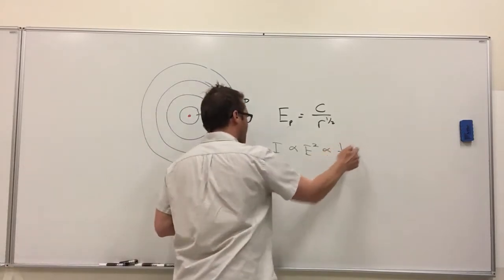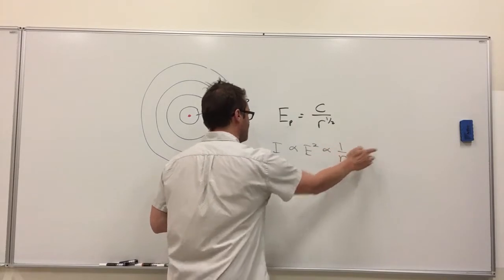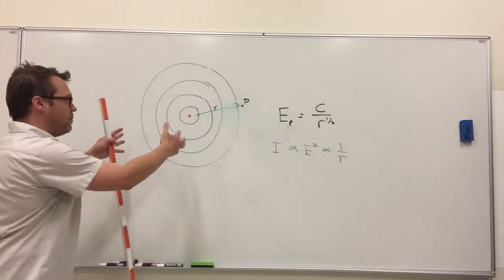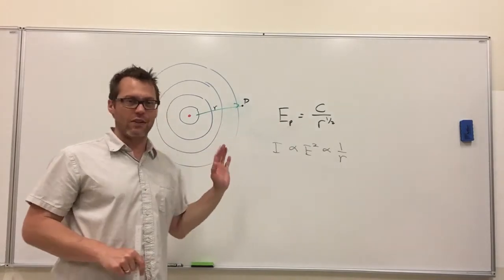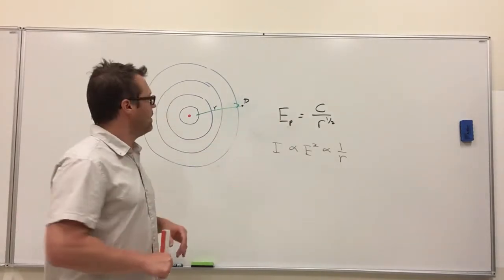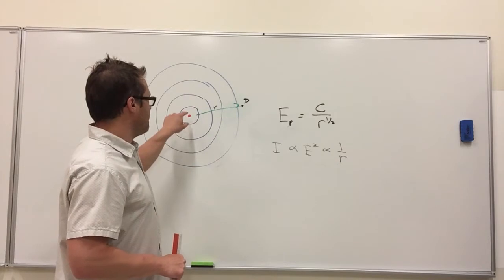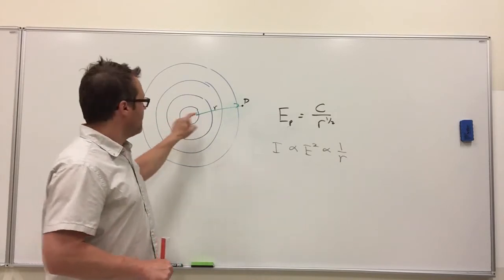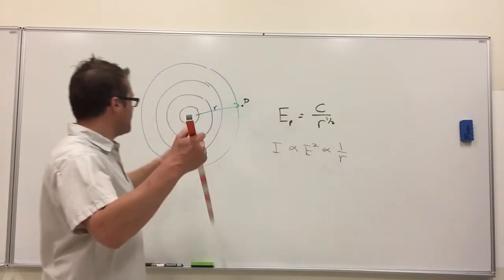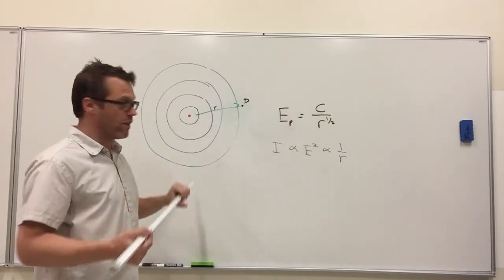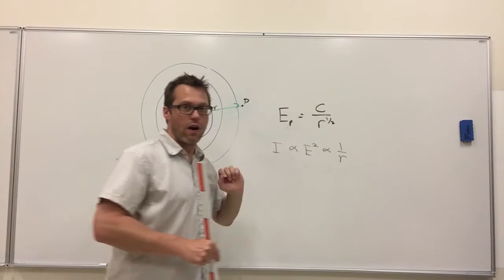And so again, r canceling r when you multiply the intensity times an area. That ought to be independent of the radius. This is just a small technical detail that I wanted to get out of the way first. Just bearing in mind that if it's a point source, the electric field at some point P away will be proportional to 1 over r, but if it's an infinite line source, it'll be proportional to 1 over r to the 1/2.